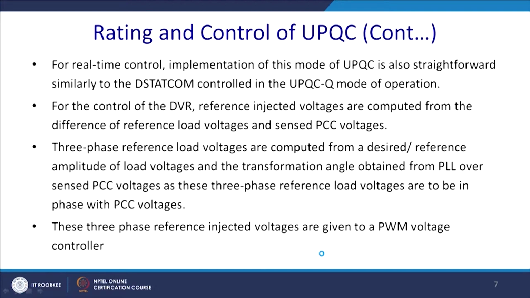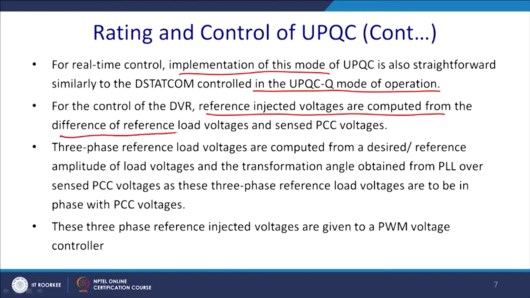The real time control and implementation of this UPQC is straightforward, similar to what we have seen in the case of the UPQC Q, that is the STATCOM control in the UPQC mode of operation. For the control of the DVR, the reference injected voltages are computed from the reference load voltages sensed at the point of common coupling. It is same here.